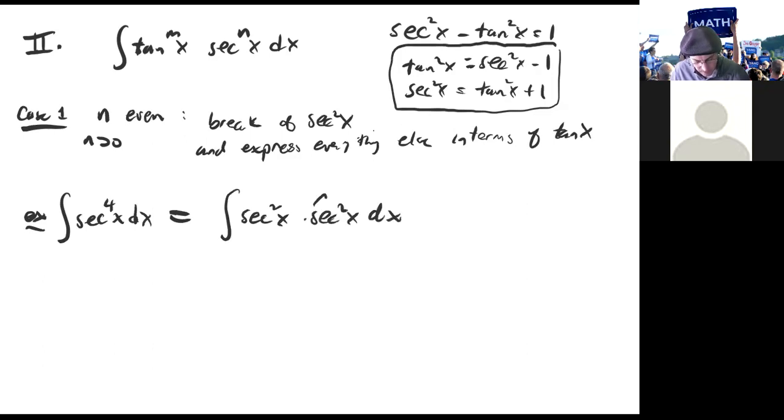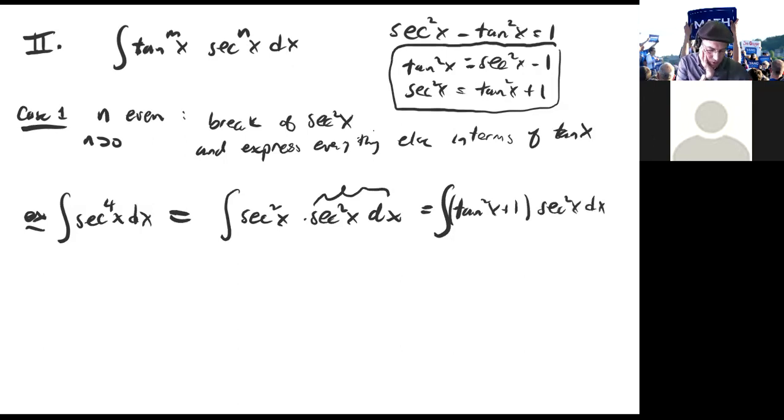We group this term, secant squared x dx, together as one unit, and then the remaining stuff we turn into tangent. So secant squared x is tangent squared x plus 1, and so we get tangent squared x plus 1 times secant squared x dx.